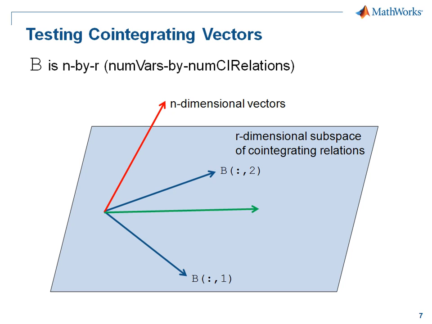So I've just indicated two other n-dimensional vectors here, one in green that does lie in the subspace spanned by our cointegrating vectors, and one that does not. And that's the kind of thing that jcontest looks like. It'll allow you to make inferences about questions like this. Does this particular vector, suggested by theory, say, lie within the space of cointegrating relations that has been estimated or not?